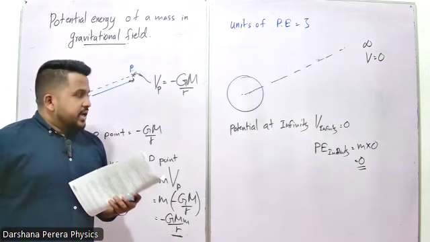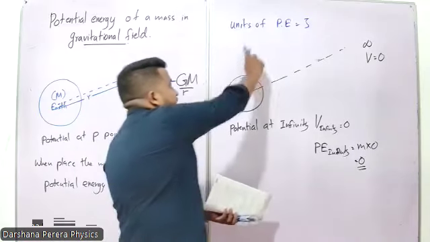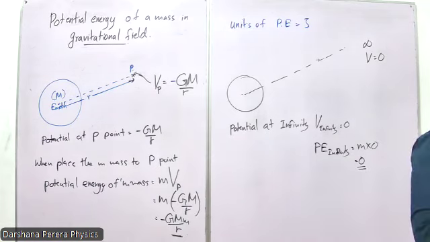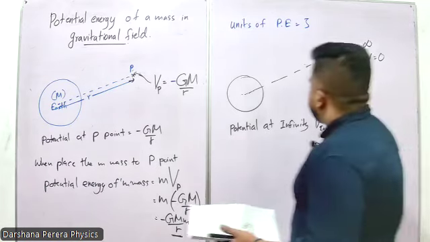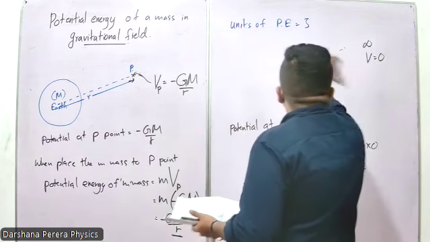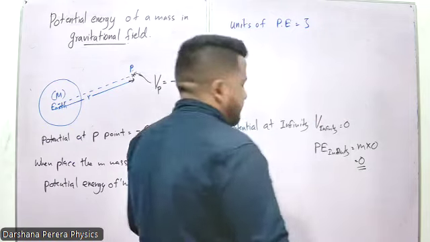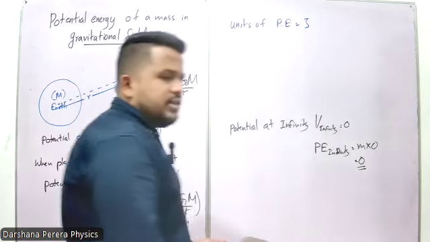So write down: units of the potential energy is joule. Then write down, in infinity, potential is zero.